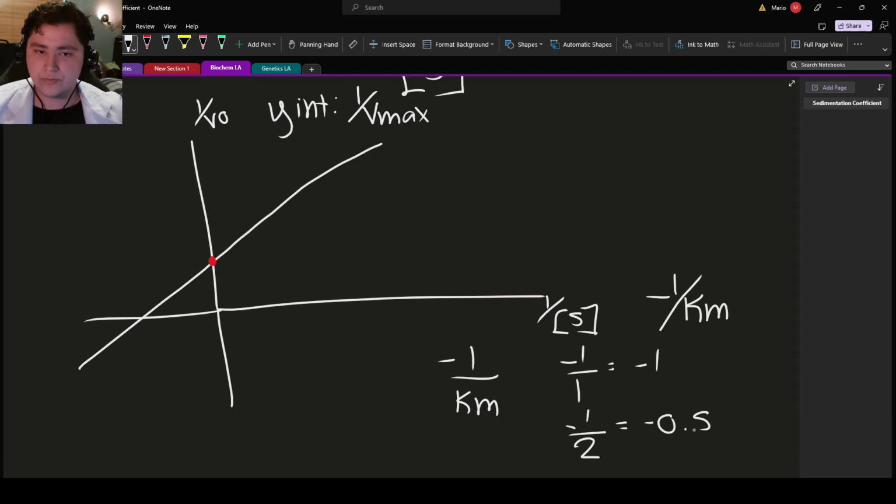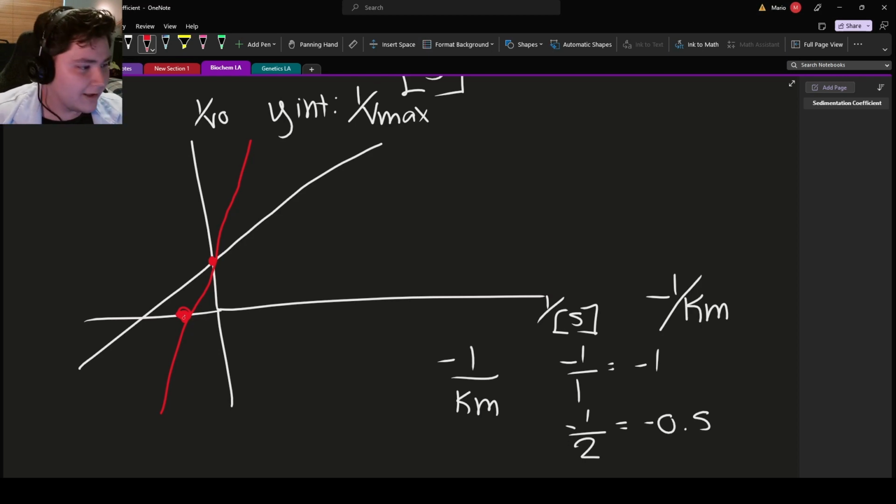If we're looking at the overall absolute value of that number, our value got lower, we approached 0. So what that means is wherever our new point is on this line, it should be closer to 0. Our inhibited line might look something like that. Sorry about the bad drawing for the line. And this is the way that we can kind of remember what competitive inhibition looks like.